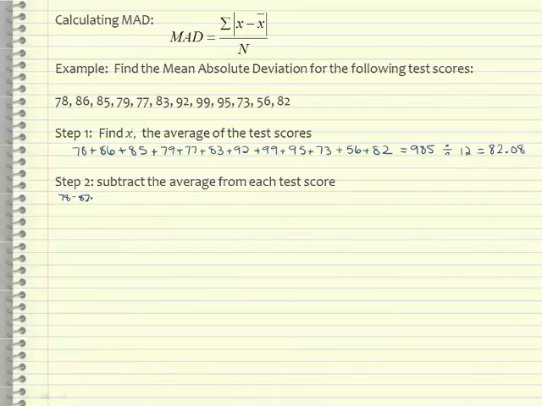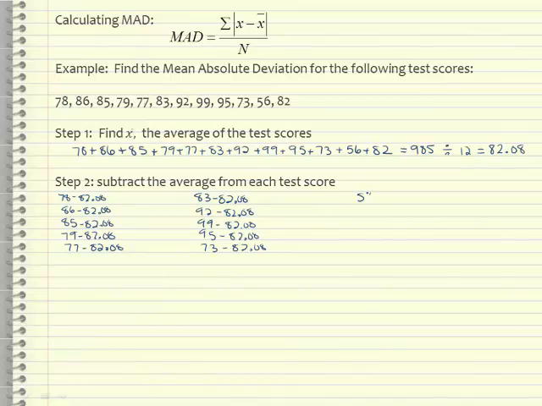So this might take a second, but I do 78 minus 82.08, 86 minus 82.08, 85 minus 82.08, 79 minus 82.08, 77 minus 82.08, 83 minus 82.08, 92 minus 82.08, 99 minus 82.08, 95 minus 82.08, 73 minus 82.08, 56 minus 82.08, and 82 minus 82.08.